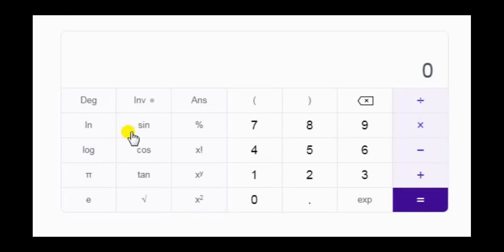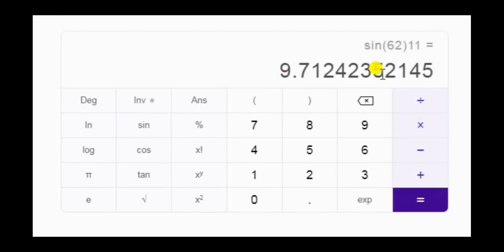So you're going to put this information in your scientific calculator, which is first you're going to sine 62, and 62 degrees should be in the bracket, and then you're going to multiply it by 11, and this should give us our answer.